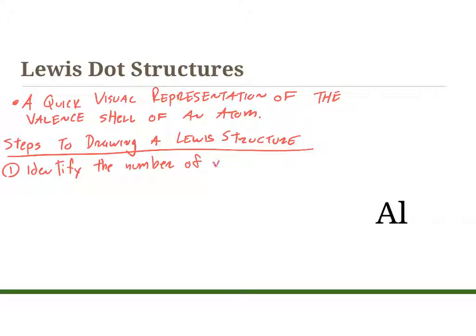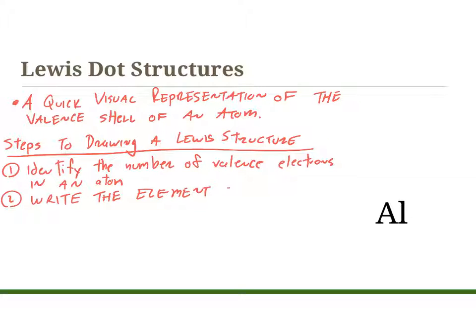Step 2, write the element symbol. Step 3, start to add dots, which are going to represent electrons, around the element symbol, spreading them out evenly.